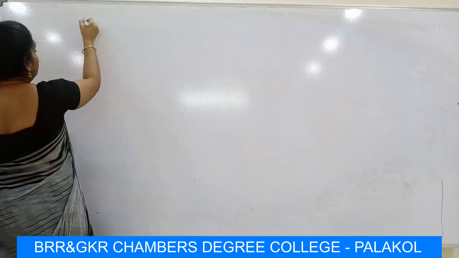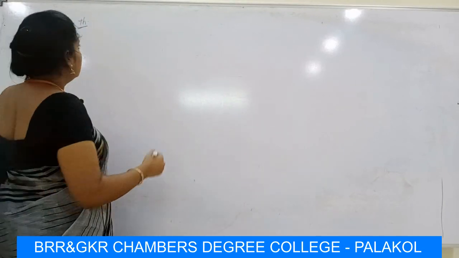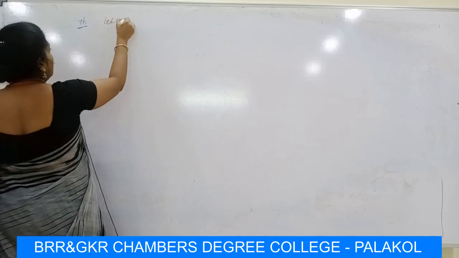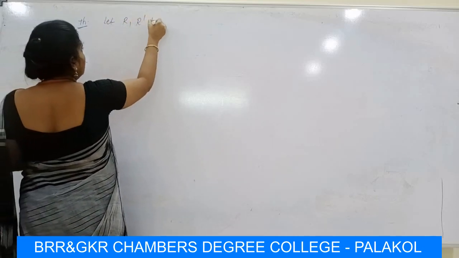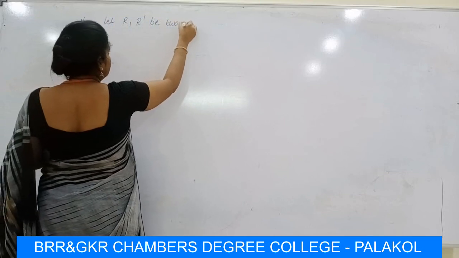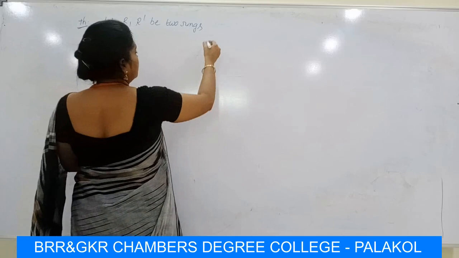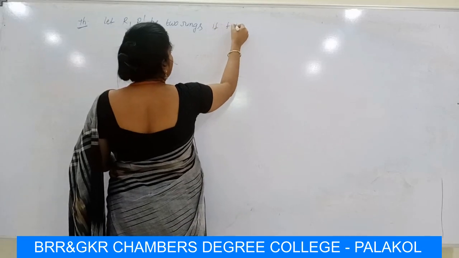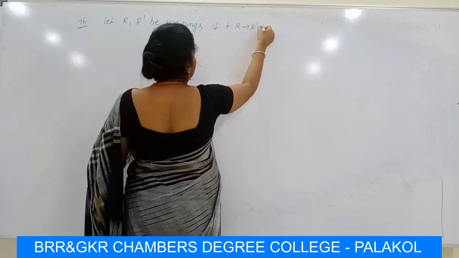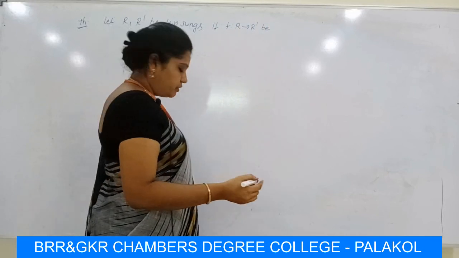I write the theorem statement: let R, R dash be 2 rings, and f maps R to R dash be an isomorphism.